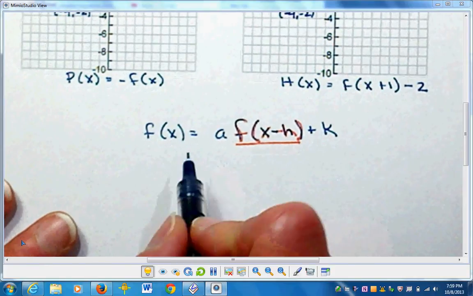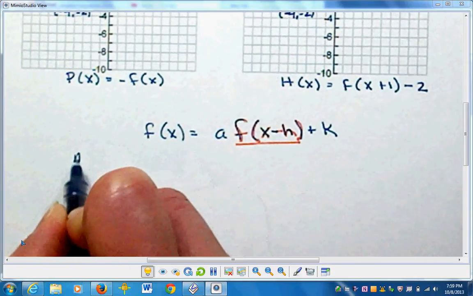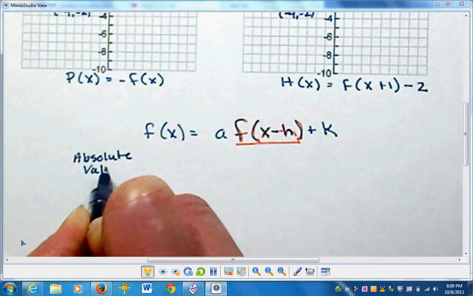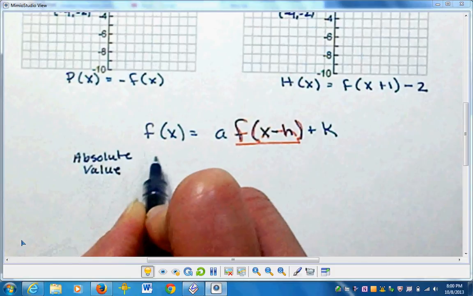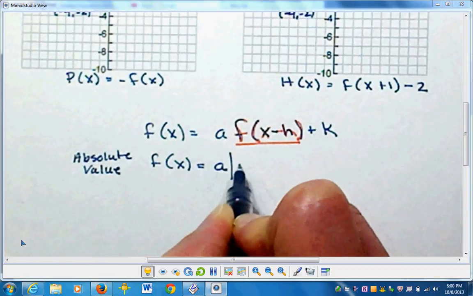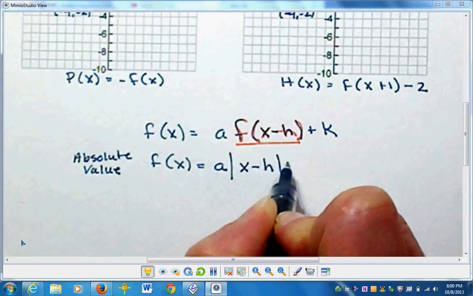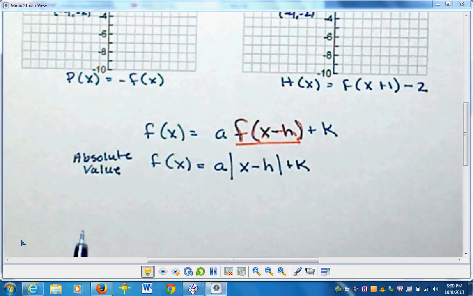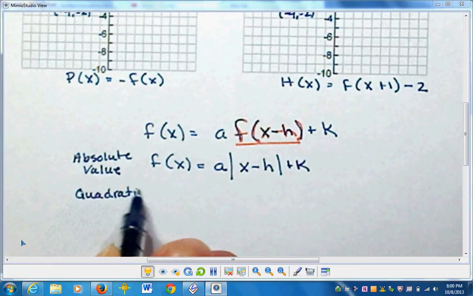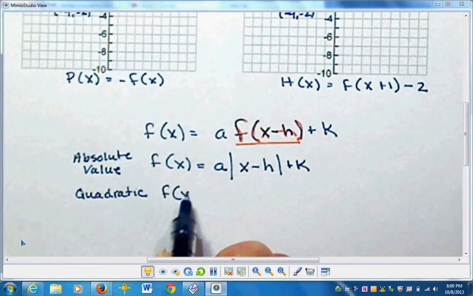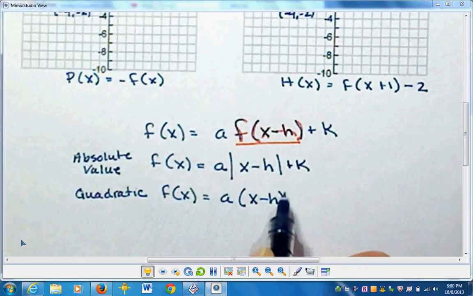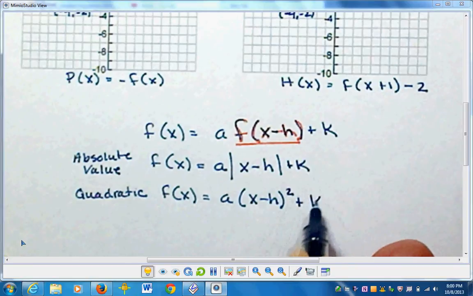If I was going to rewrite this as an absolute value function, I would write it in this form: f of x is equal to a, absolute value, x minus h, plus k. If I was going to write it as a quadratic function, I would write f of x is equal to a, parentheses, x minus h, squared, plus k.